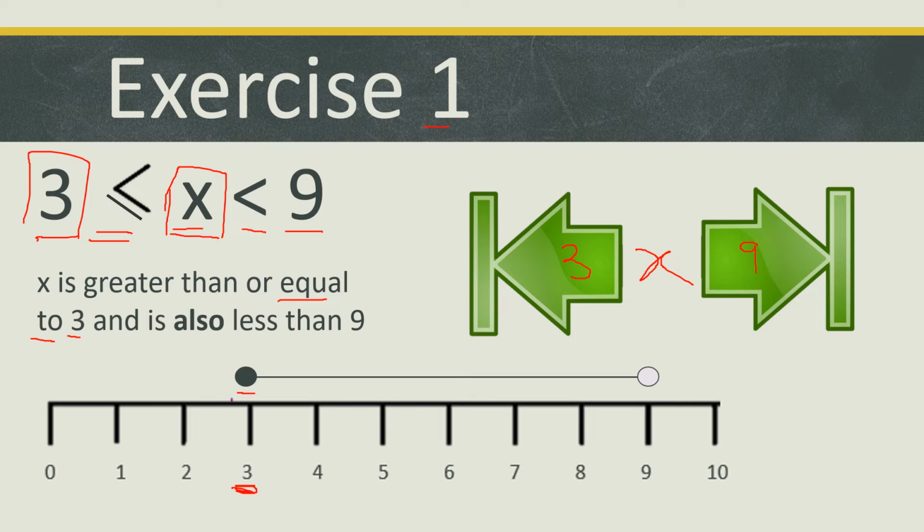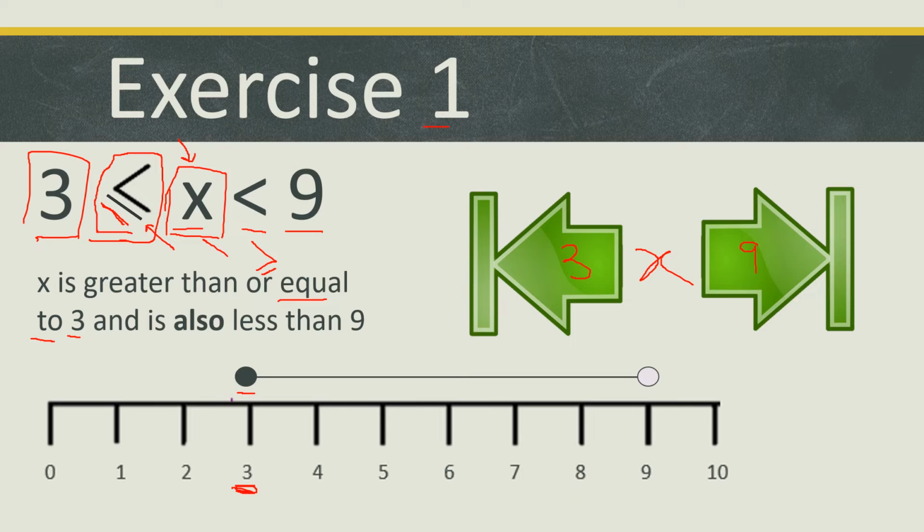We only use the closed interval when the number itself is included in the possible values for the unknown number. For a simple idea, you can just refer to the sign: if it has a diagonal line like this or like this, it means that we are going to shade the circle here, and this is called the closed interval.